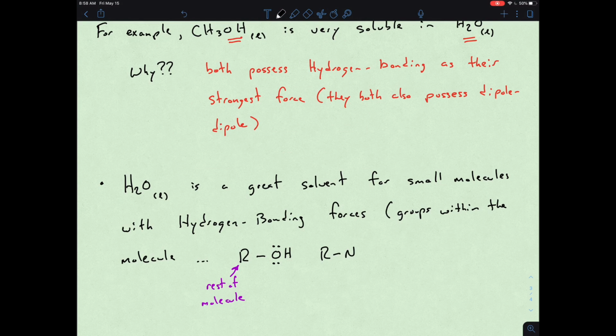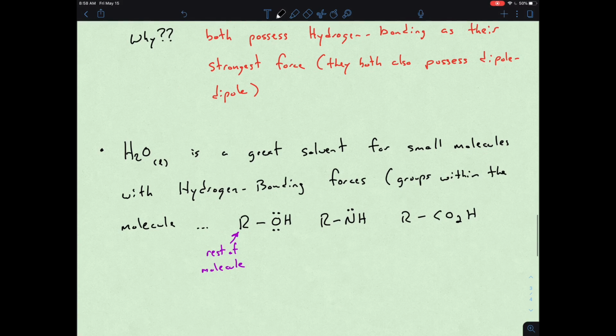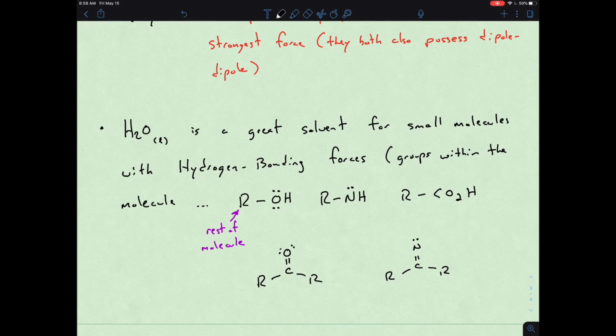Another one that we see is the NH group, the CO2H group as well. And then lastly, carbon-oxygen double bonds within a molecule, as well as carbon-nitrogen double bonds within a molecule, can all participate in hydrogen bonding with H2O.